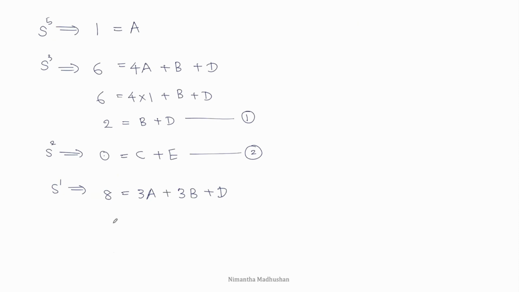We know the value of a, so 8 equals 3 times 1 plus 3b plus d. 8 minus 3 is equal to 5, so 3b plus d equals 5. I name it as equation 3.